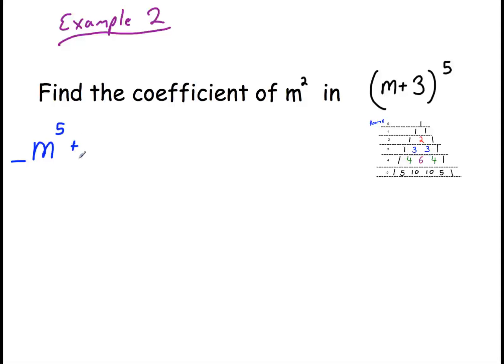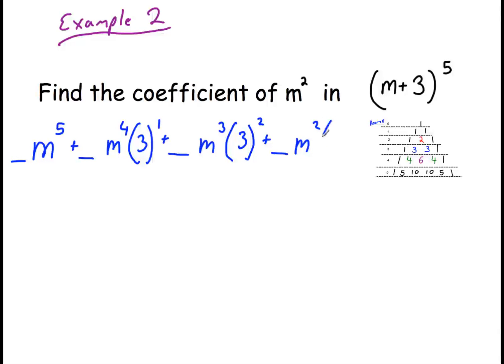Now we have plus m to the fourth, 3 to the first power, plus m cubed, 3 squared, plus blank m squared 3 cubed.